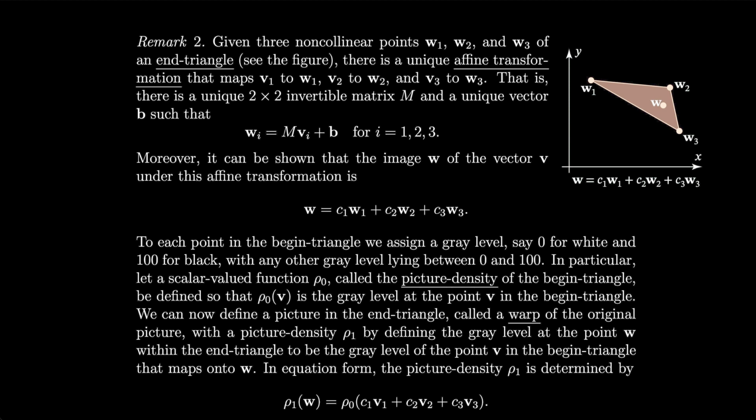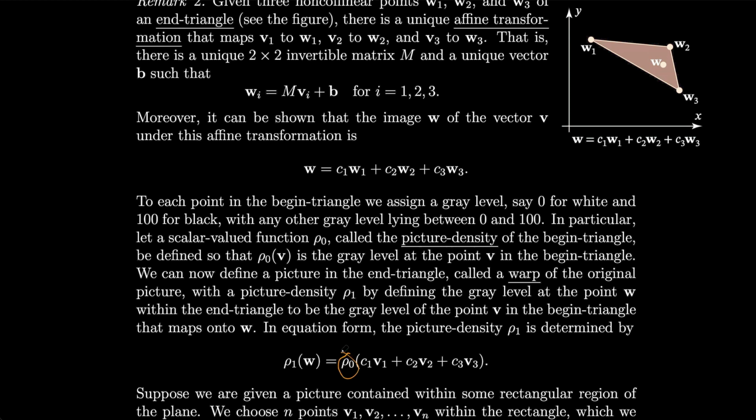We can now define a picture in the end triangle called a warp of the original picture, with the picture density ρ1 by defining the gray level at the point w within the end triangle to be the gray level of the point v in the begin triangle that maps onto w. In equation form, the picture density ρ1 is determined by ρ0 of c1v1 plus c2v2 plus c3v3.